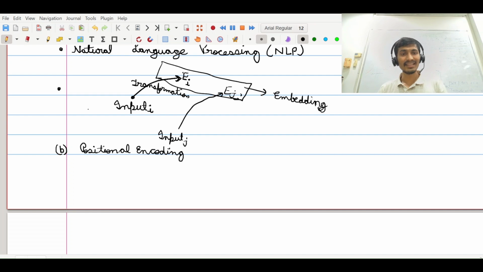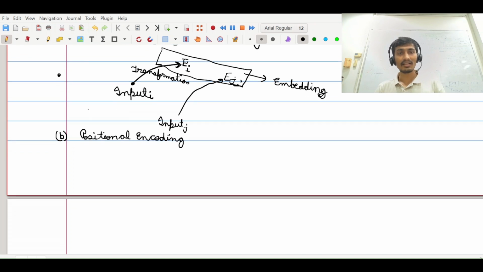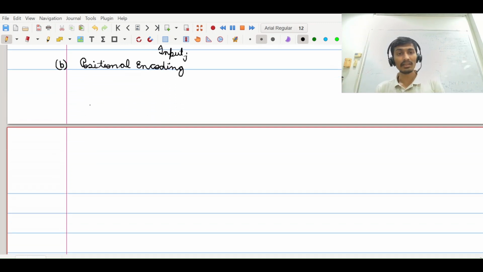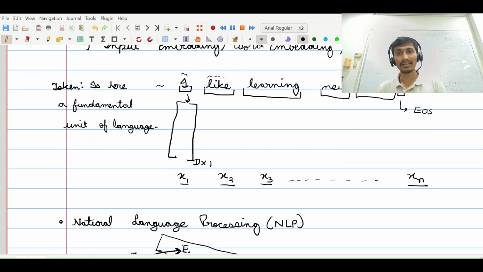So what does this mean? What people realized is that words have different meanings when used in different contexts. They also have different meanings depending upon what are the words adjacent to it.